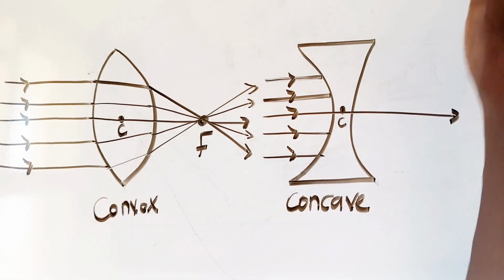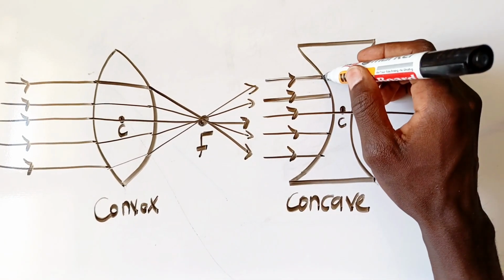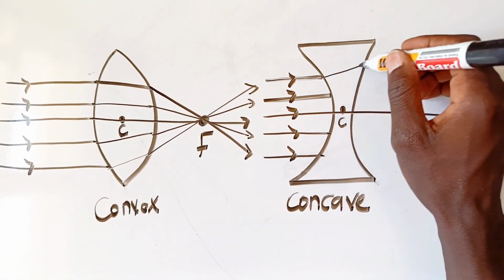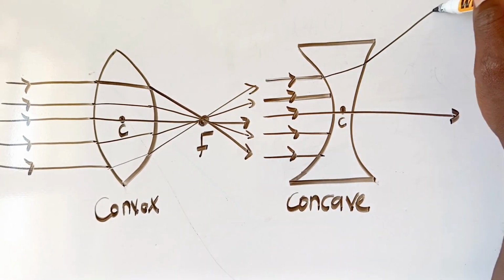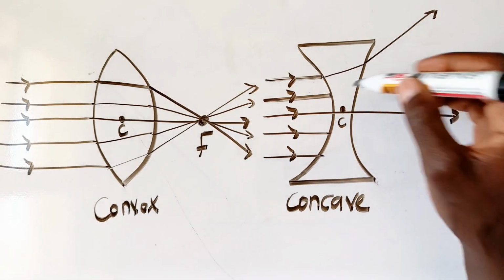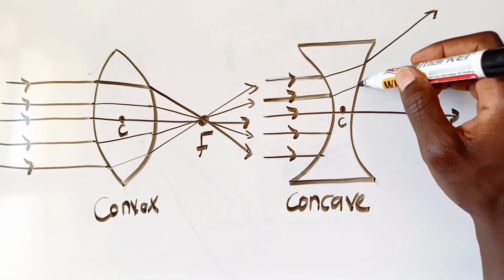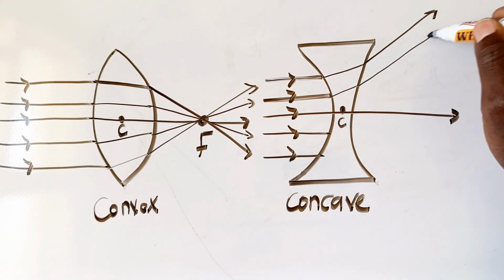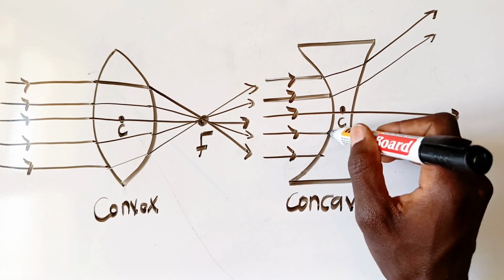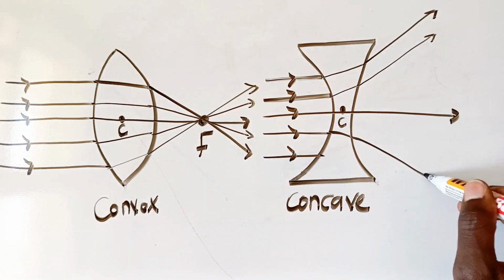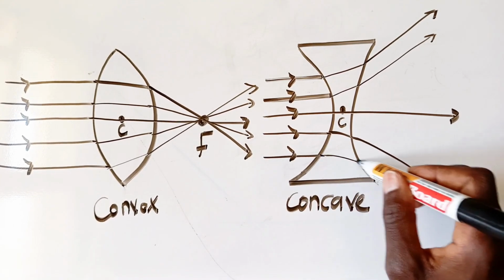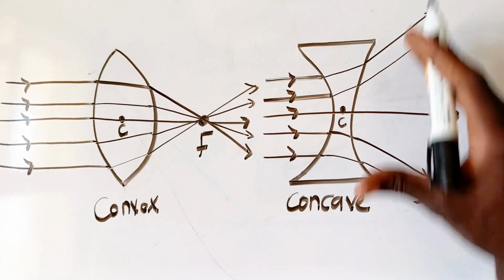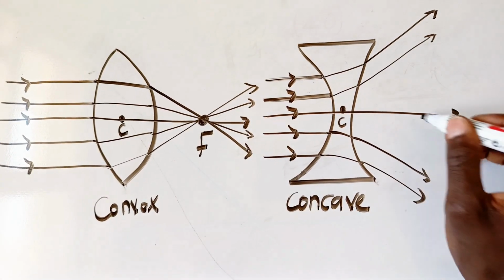So these diverge. So when they hit here, they will bend. They will bend like that. Even this one does the same. It will bend like that. Even this one, it will come and it will bend. This one will come and it will bend like that. So this is how they diverge.